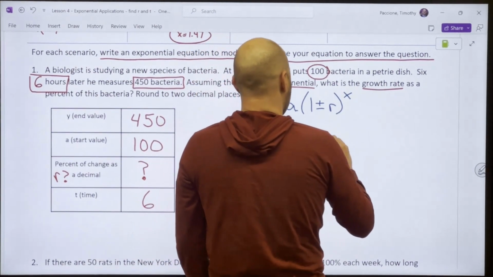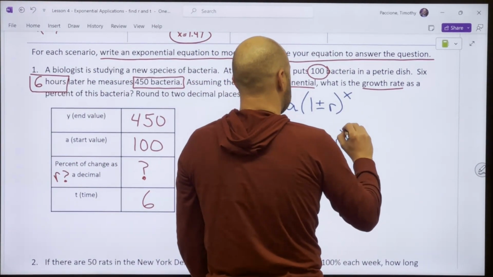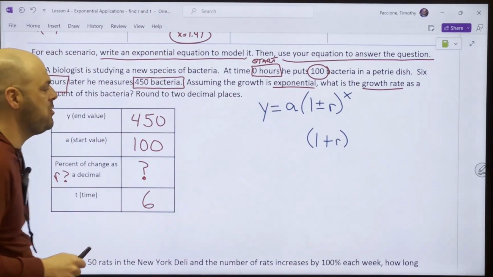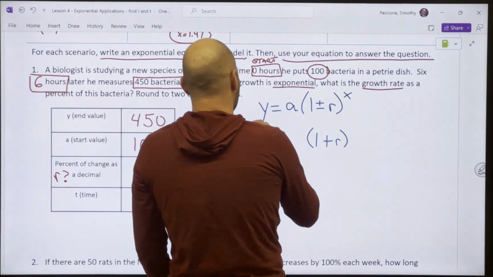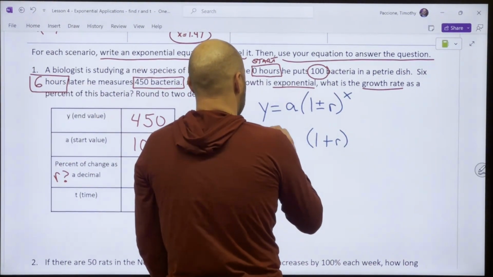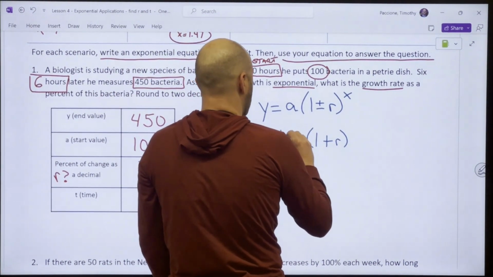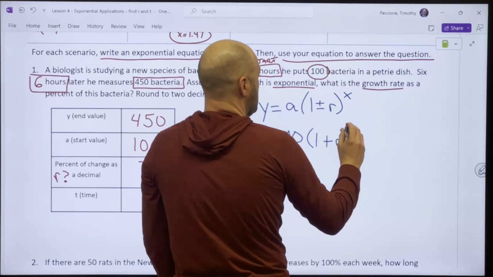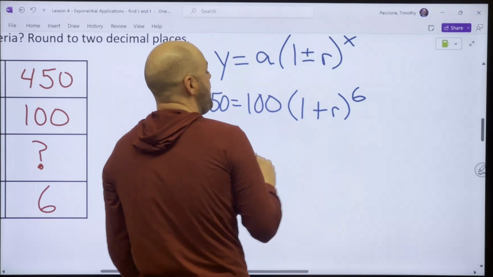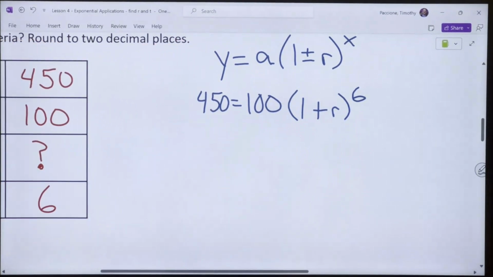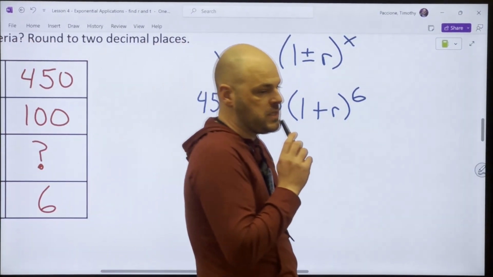So we'll have 1 plus r to the x. But we actually know some other pieces here. What's our y? 450. And what's our a? 100. And what's our x? 6. Okay. So this is the problem we need to solve. Okay? We need to use this to find our r.